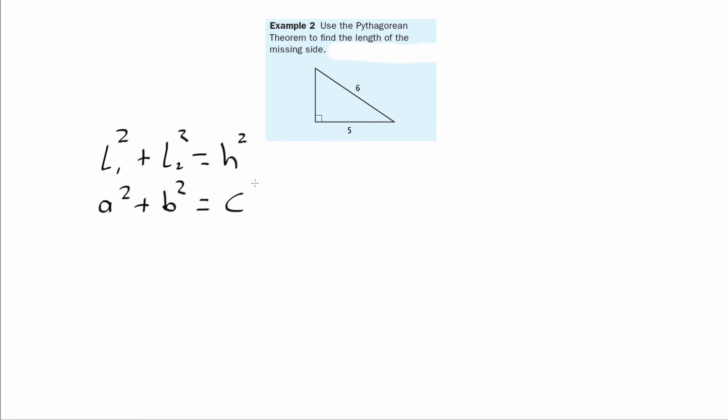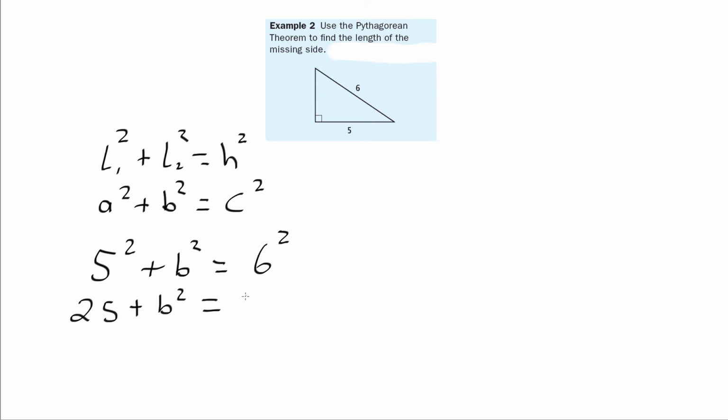Okay, now what do we have here? We've got one leg that's 5. We have the hypotenuse that's 6 and a leg we don't know. So that means I have 5 squared, and I'll just call this b squared, plus b squared equals 6 squared. So 25 plus b squared equals 36.